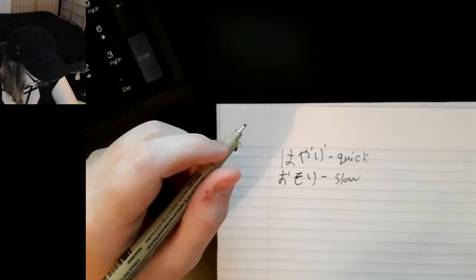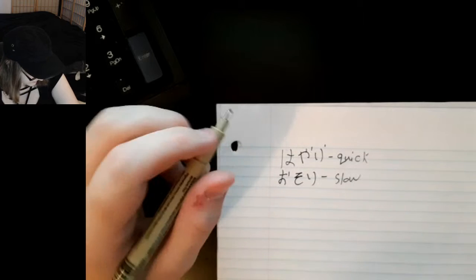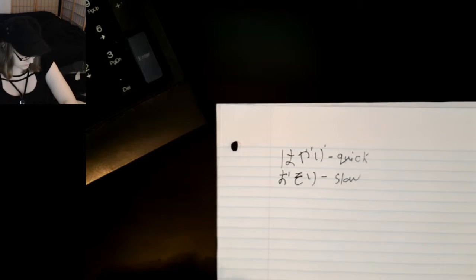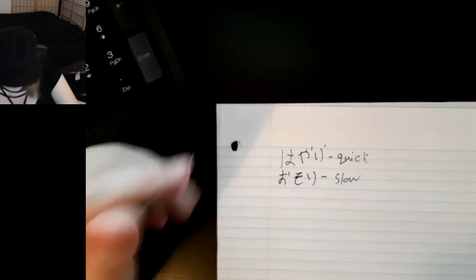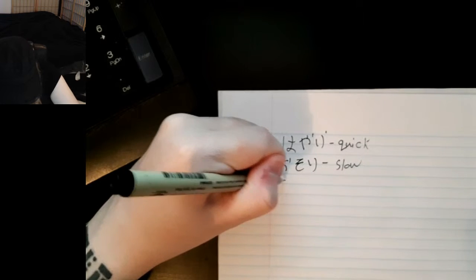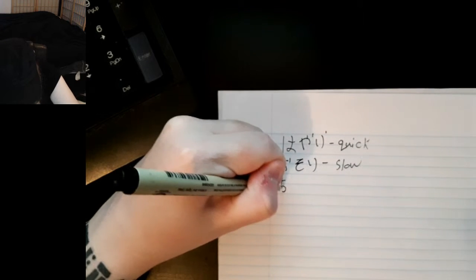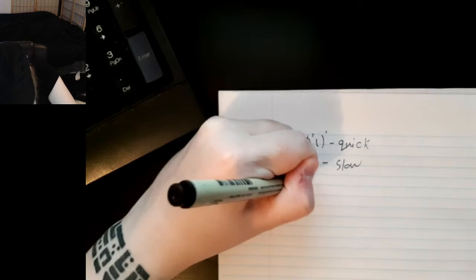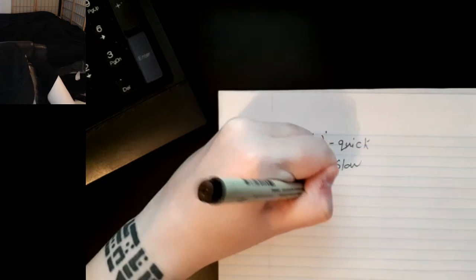So there are two ways of using this properly in a sentence. Let's take oishii. Oishii means delicious, for example. I'll just write that out real fast. Oishii.